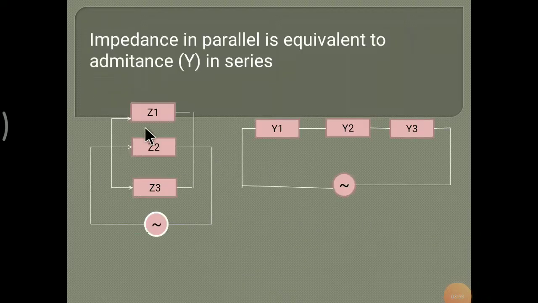Extremely sorry, Z1, Z2 and Z3 are connected in parallel, and Y1, Y2 and Y3 are connected in series. According to this circuit diagram, the current through Z1 is I1, through Z2 is I2, through Z3 is I3, and the total current from the source is I.